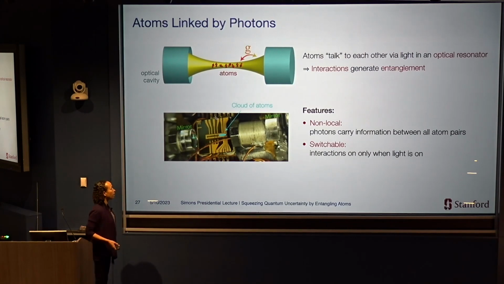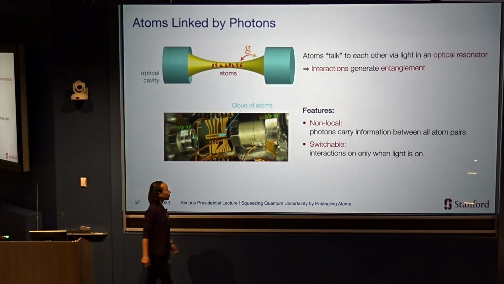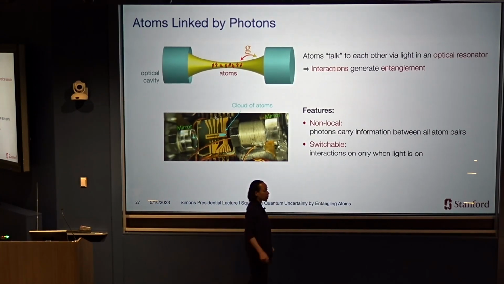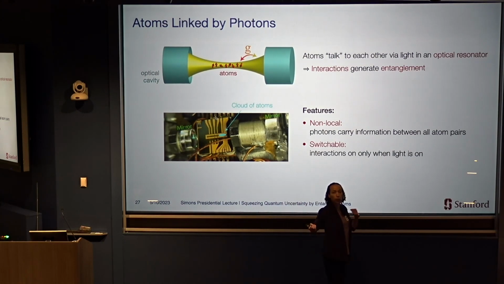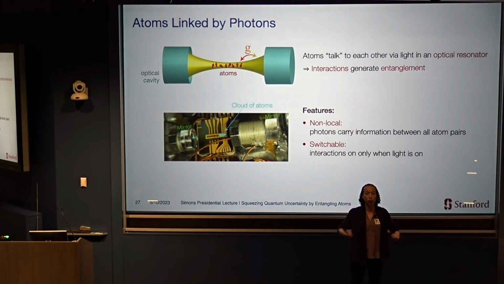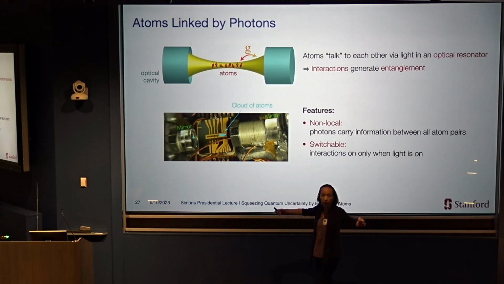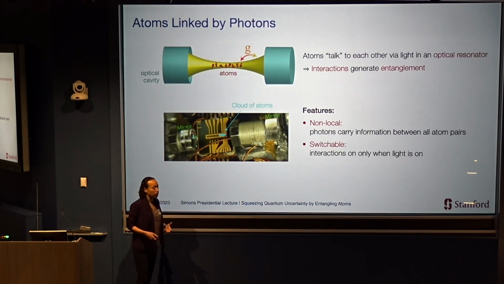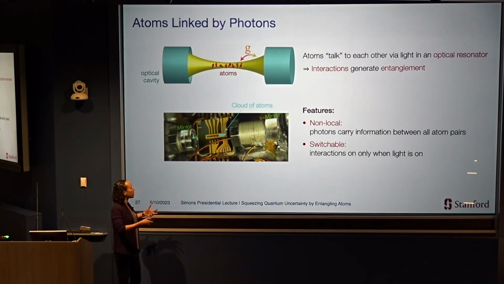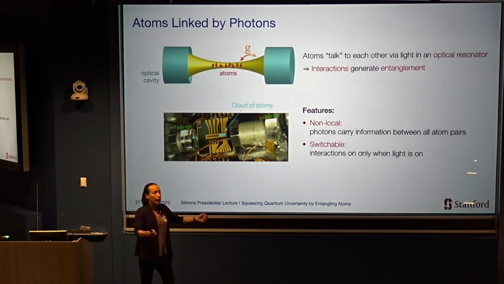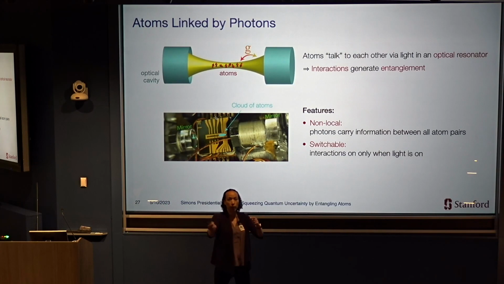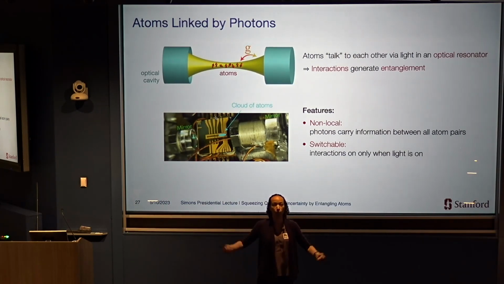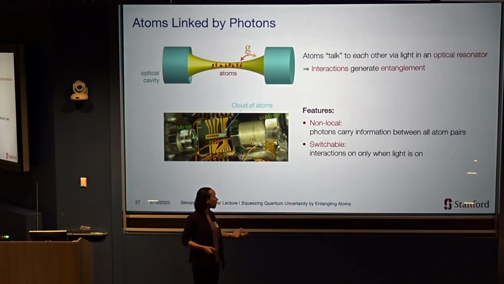And one way that we can make it actually in the lab is by having a situation where atoms talk to each other with the aid of photons, because photons can easily convey information across long distances. And so we can build a system where we trap these laser-cooled atoms between two mirrors, and light can bounce back and forth between the two mirrors and convey information between arbitrary pairs of atoms, allowing them to interact.